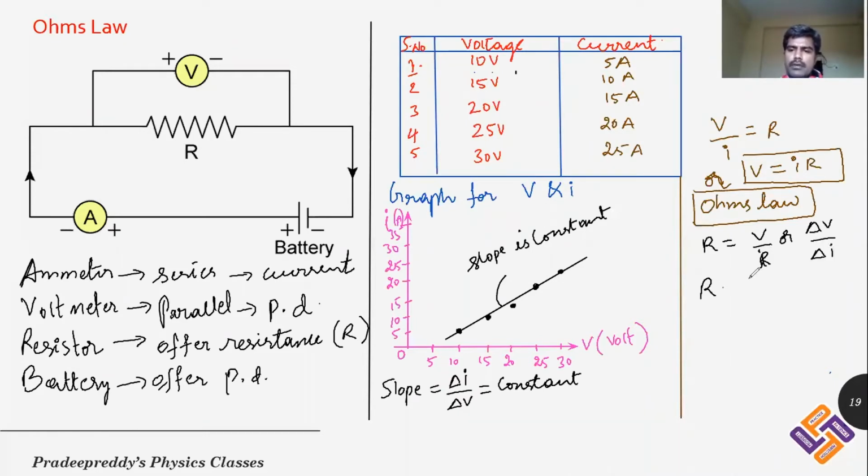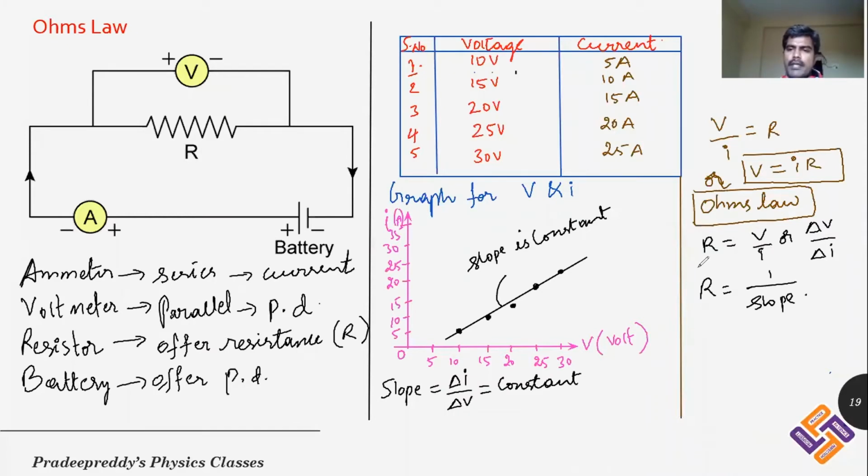R is equal to delta V divided by delta I. What is delta V divided by delta I? It is 1 divided by slope. Is it not? Check it up clearly. It is 1 by slope.